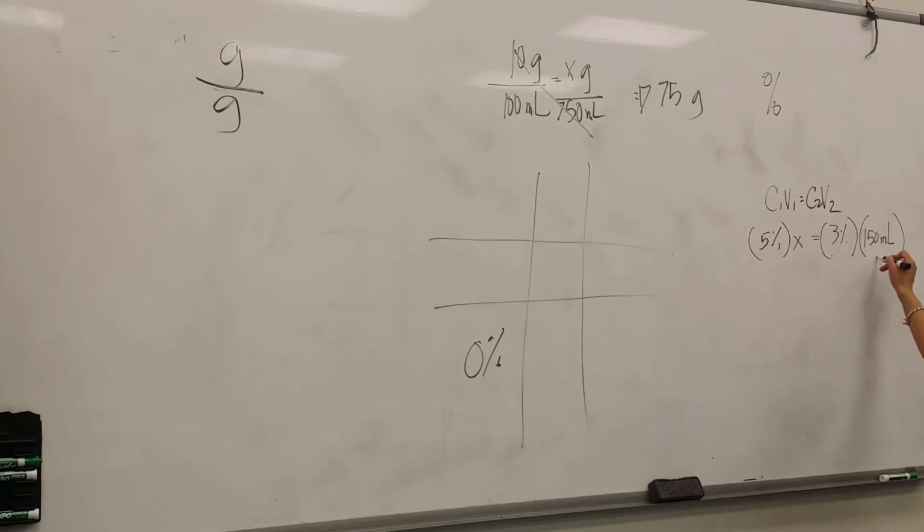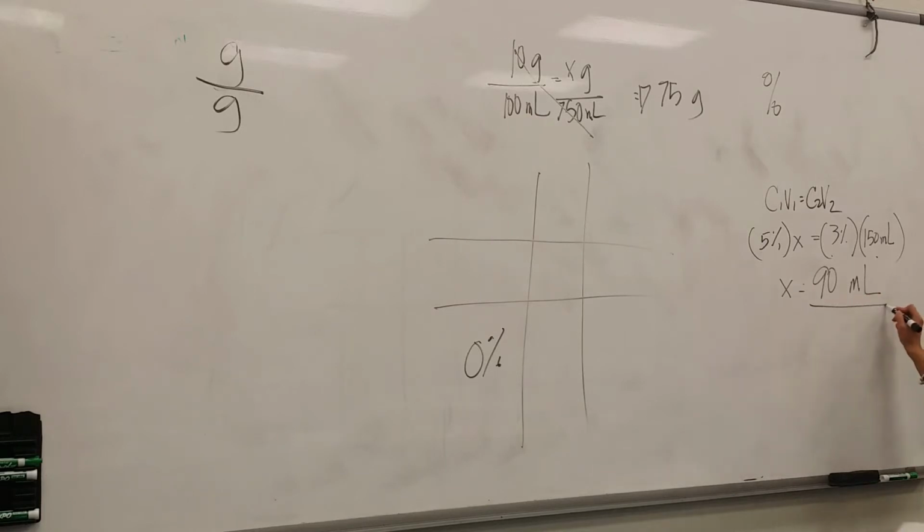3 times 150 divided by 5 is... 53 ml? Okay, but that wasn't the question, right? 150 times 3 divided by 5 is, are you sure it's 53? I got 90. Doesn't seem right to me, just looking at it. Answer, 90 ml. Yes. Which means 90 ml of what? Of the 5%, is what you need, right?